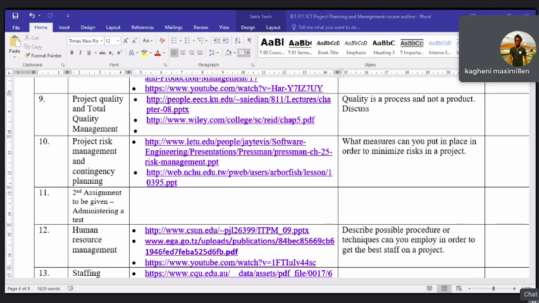Alexandra Bozik, can you tell us a situation that has no risk at all? A situation.